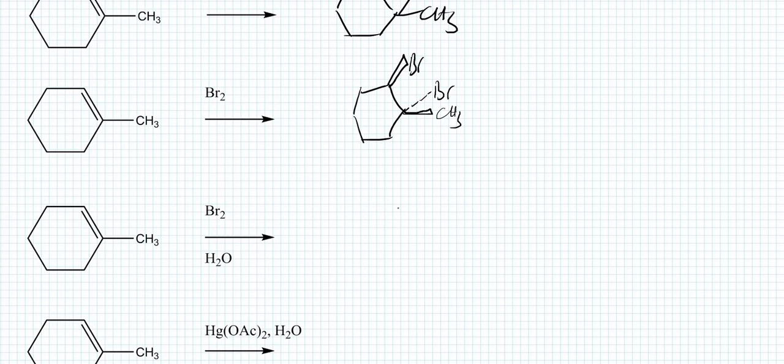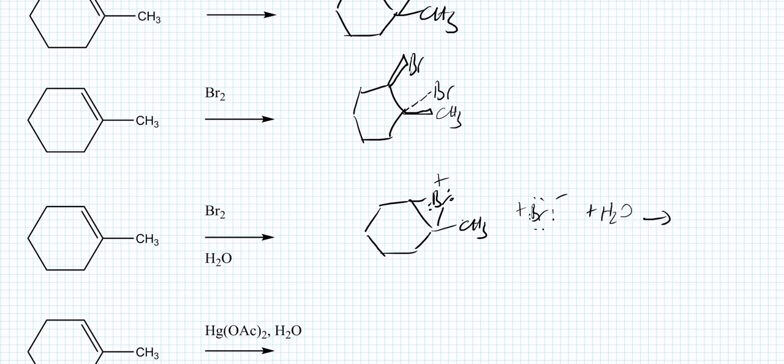Let's write here alkene. First, I want to write the intermediate. The intermediate will be a cyclic bromonium cation, and then we will have Br minus plus we will have still water. Okay, the product.